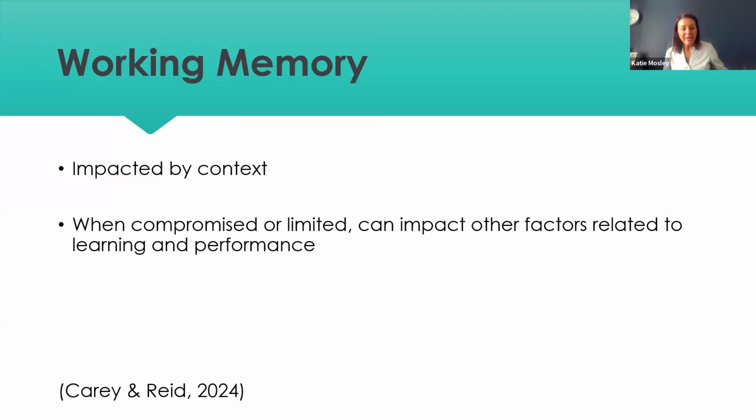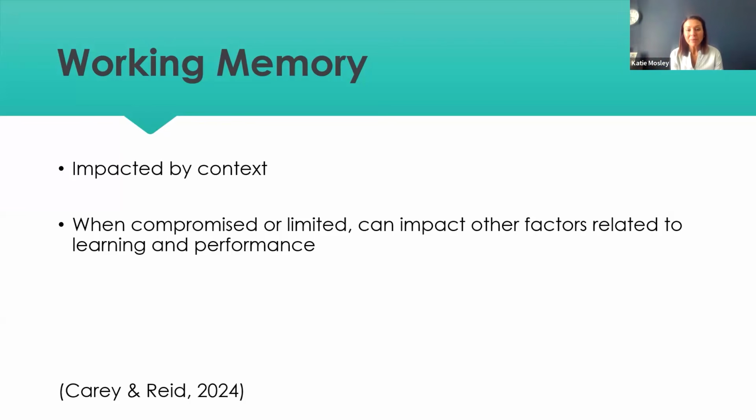So keeping that in mind, working memory is greatly impacted by context. It's impacted by what's going on around the learners, the distractions that might be happening outside, like in the classroom, and distractions that might be happening inside their brains. Maybe they're just lost in their own thoughts.